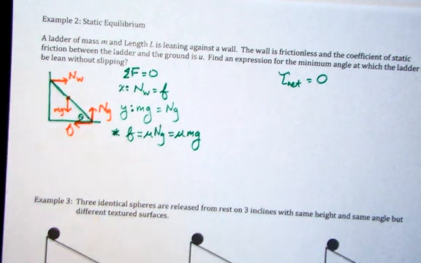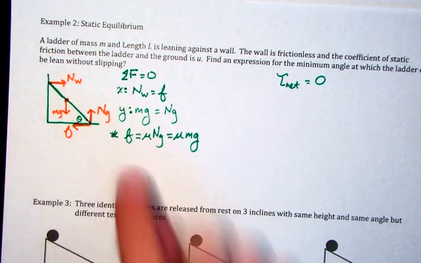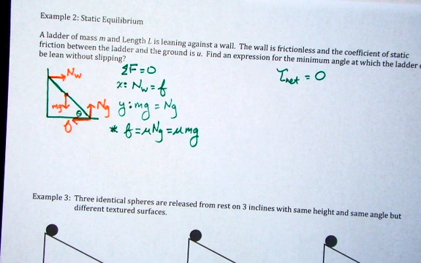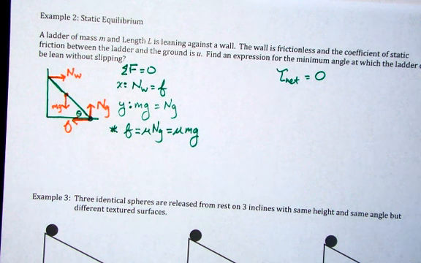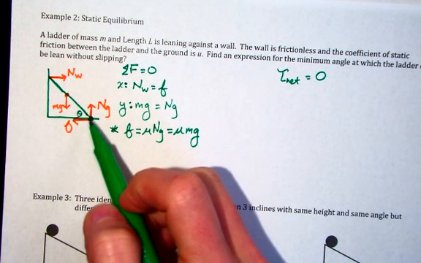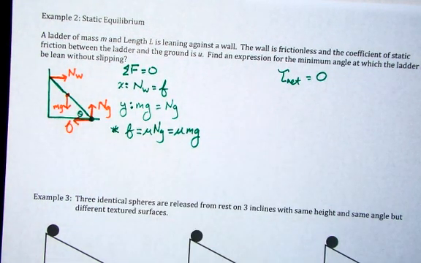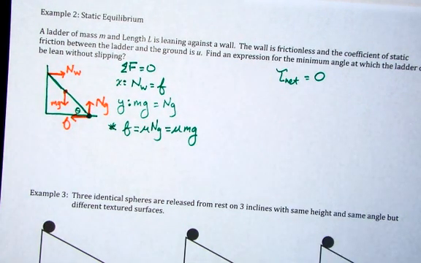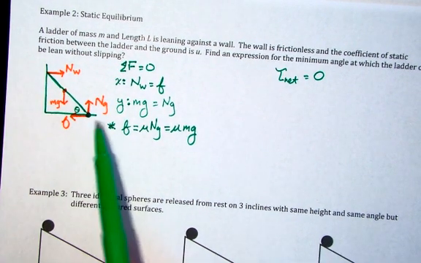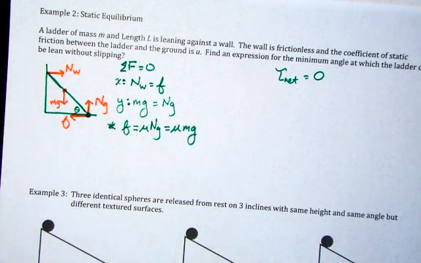Now, what is going to be the most advantageous spot to pick our pivot point? Right here. Why? It is closer to the ground, but why is that helpful for us? What is that going to do to help set up equations for solving? What do we know about the torque at the pivot point?